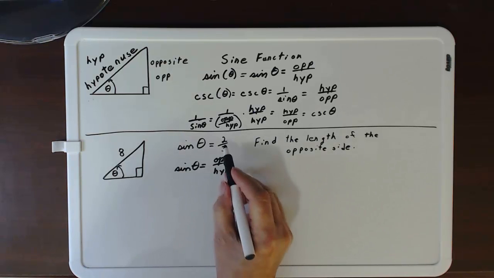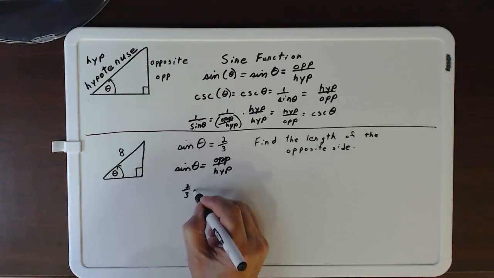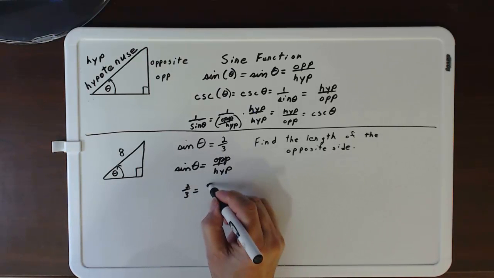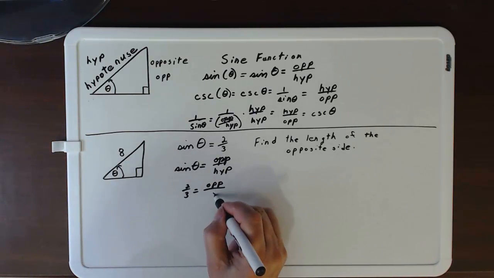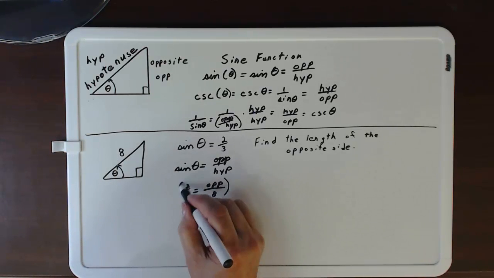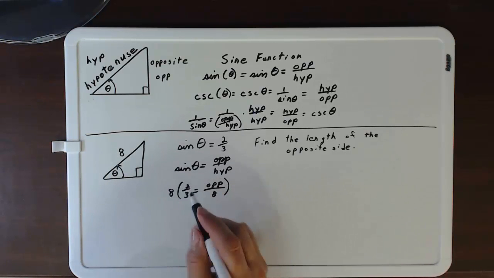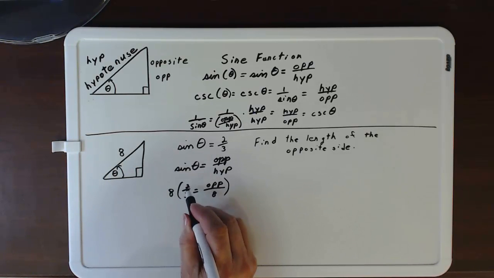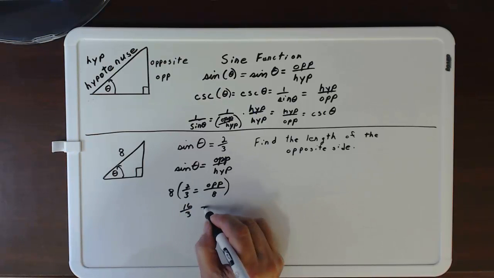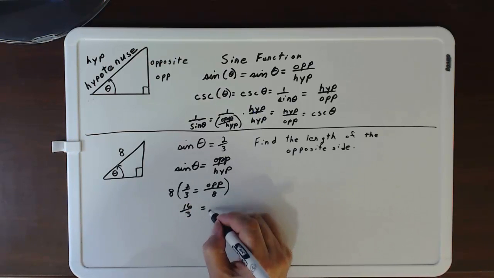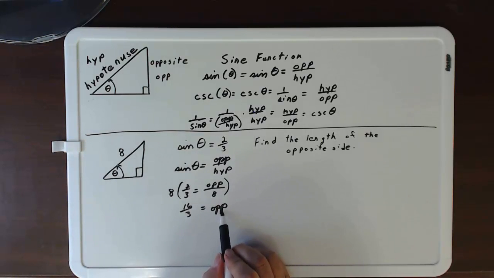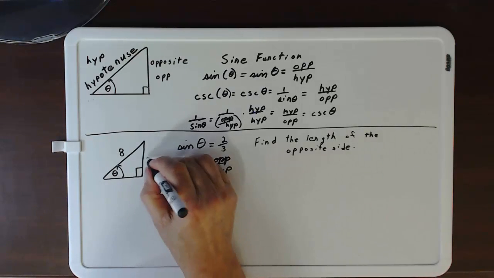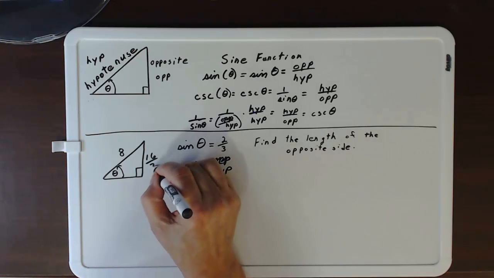The sine of theta is 2/3, and it equals the opposite over the hypotenuse, which is 8. If we multiply this equation through by 8, we have 2 times 8 is 16/3 equals the opposite. So now we have that the length of the opposite side is 16/3.